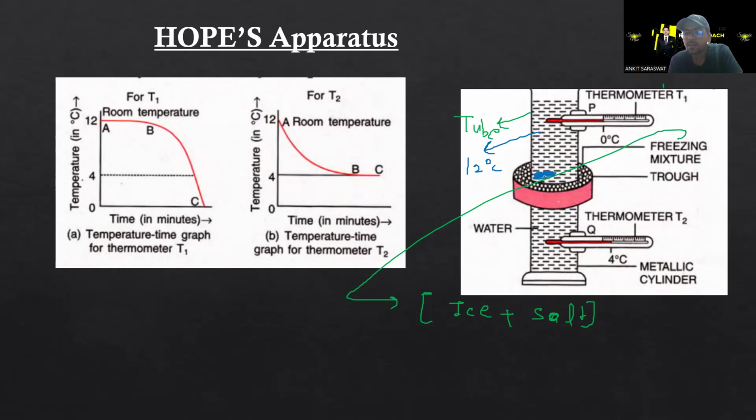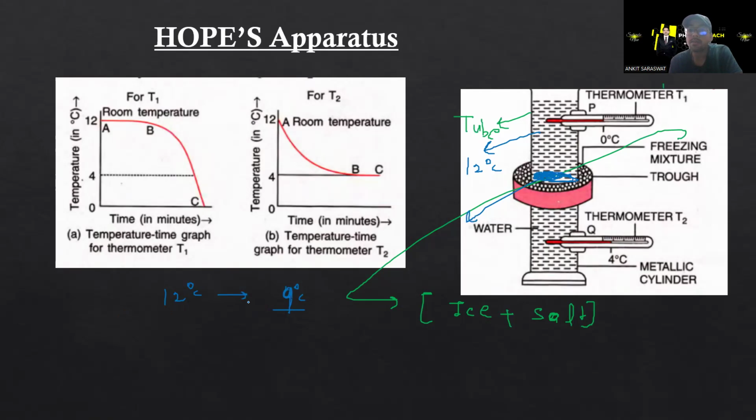The temperature of the central portion, this portion, is going down because of the freezing mixture. Then what is going to happen? If it is going down, then it becomes heavy, because initially its temperature is 12 degrees Celsius. Let us suppose its temperature decreases from 12 to 9 degrees Celsius.